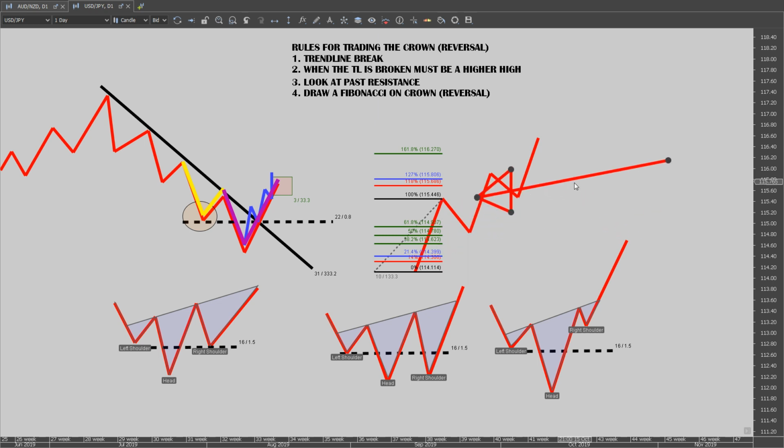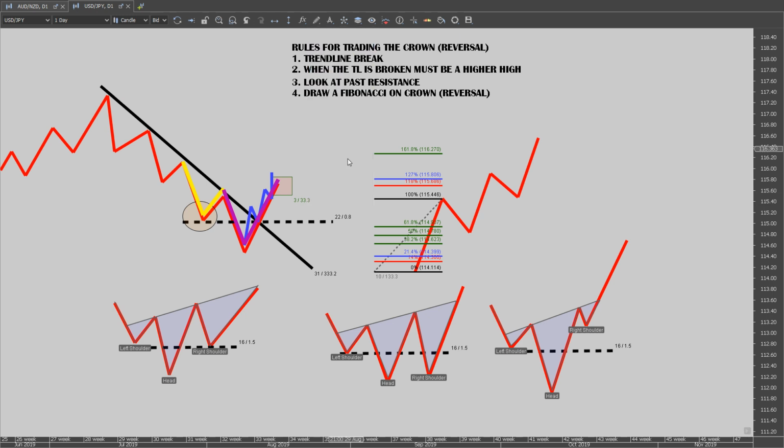Okay? Now, when we are trading crowns, the Fibonacci is not going to go on the first low and the first high, but the Fibonacci is going to go on the crown or the crown reversal. What does this mean?